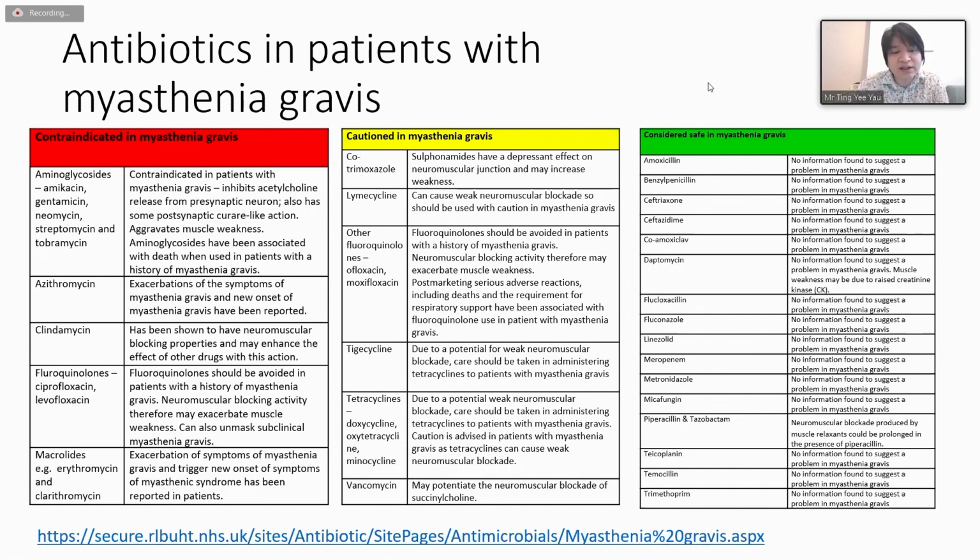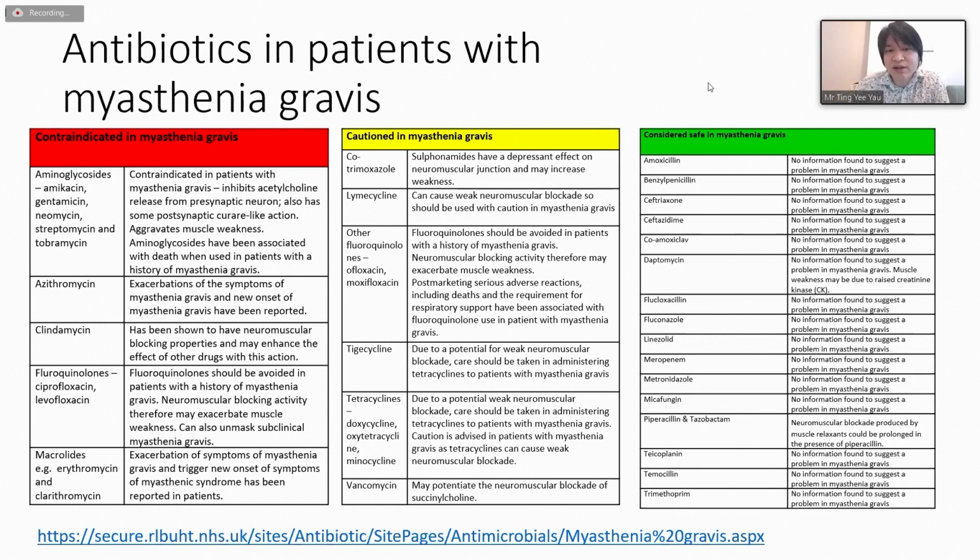They can exacerbate the symptoms of myasthenia gravis. So they are contraindicated. The ones in the red bar shouldn't be used in patients with myasthenia gravis. However, there are some drugs in the yellow bar which call for more caution.